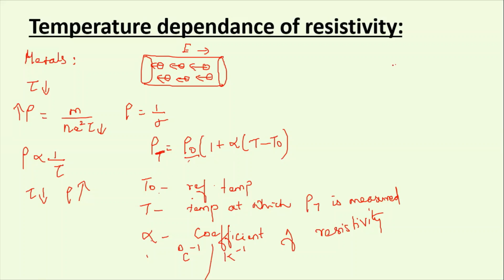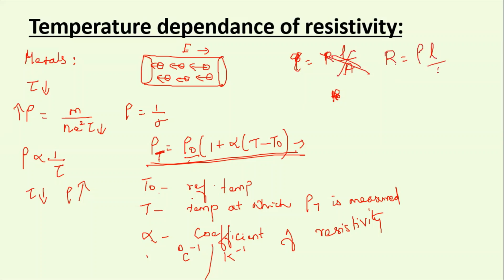Now take this equation. You know that R is equal to rho L by A, correct? For a single conductor, L and A will be the same. So substitute that here. You will get rho T L by A equal to rho naught L by A into 1 plus alpha T minus T naught.